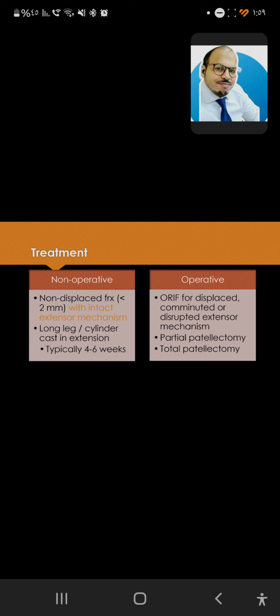We ask the patient to do extension of the knee. Okay, if it is disrupted, this is an indication for surgery. So ORIF or patellectomy, either partial or total patellectomy.